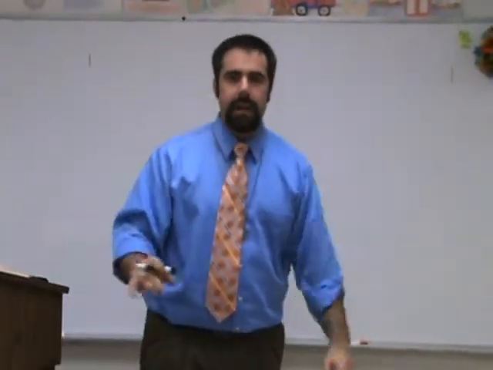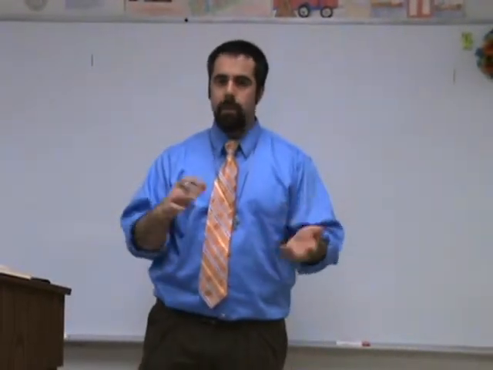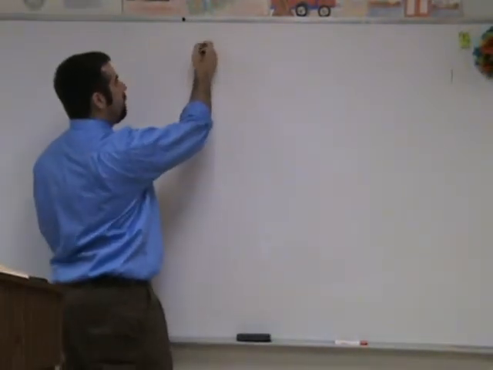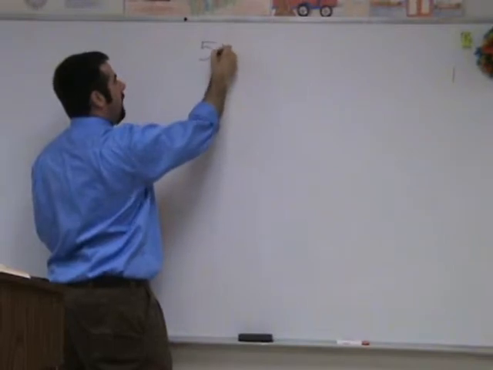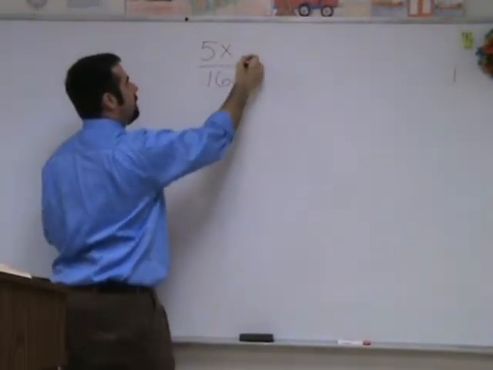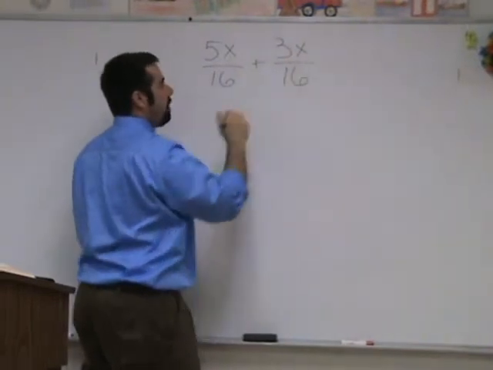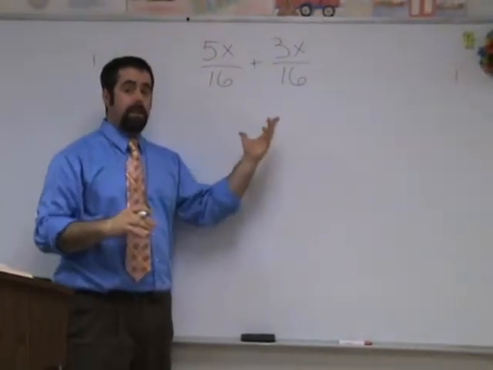Okay, so let's look at a couple of simple examples first, and we'll move into something a little more complicated. So if I have something simple like 5x over 16 plus 3x over 16. Notice the denominators are the same.